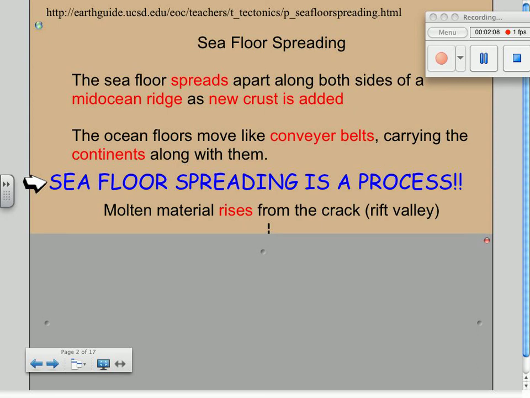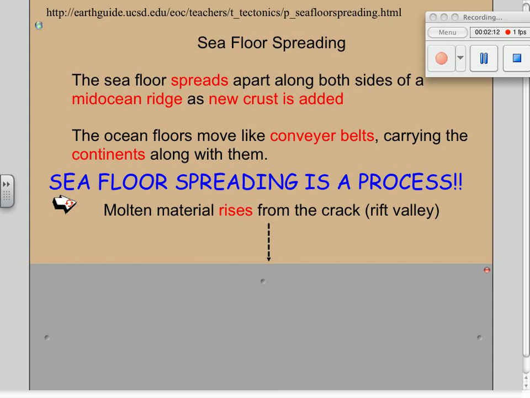And so we're going to go through this process, and you'll see that for the process we have a direction and then we have arrows. There's going to be something else that happens. So during seafloor spreading, molten material rises from the crack in the mid-ocean ridge. That crack is referred to as a rift valley.